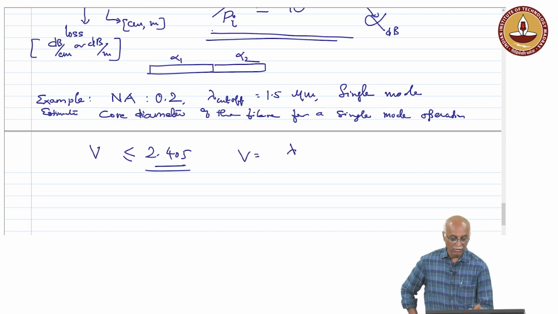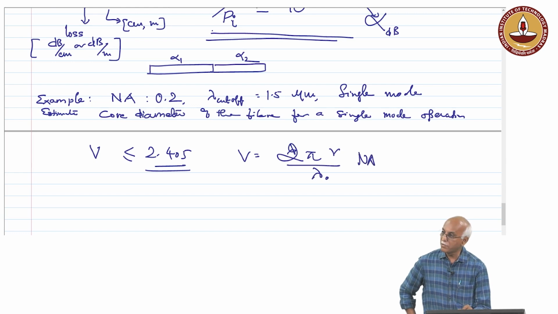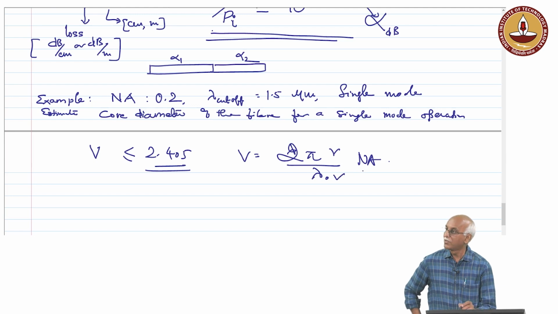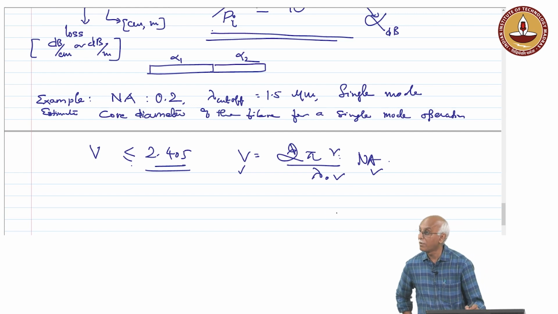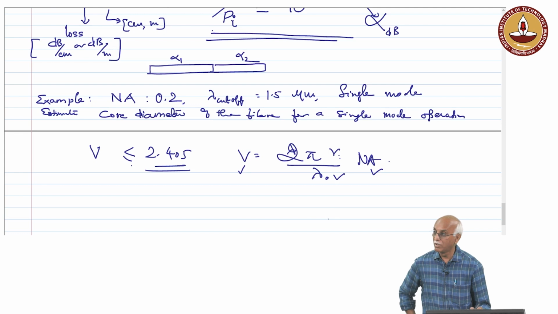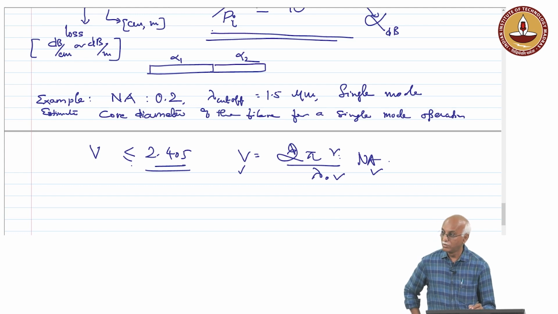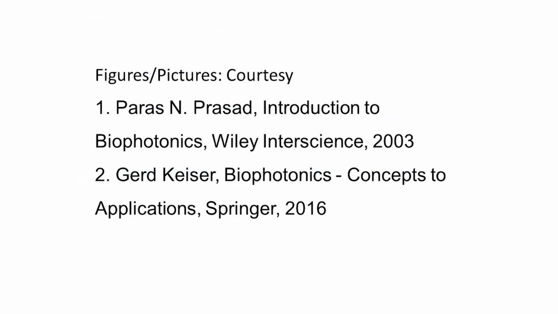V is 2 pi r divided by lambda times the numerical aperture. I know lambda, I know V is approximately 2.405, and I know the numerical aperture, 0.2. Then what is the core diameter? 2r is around 6 micrometer or so.